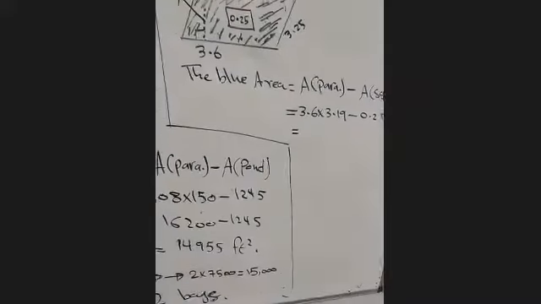I will use my calculator here. 3.6 multiplied by 3.19 is 11.484, minus 0.25.